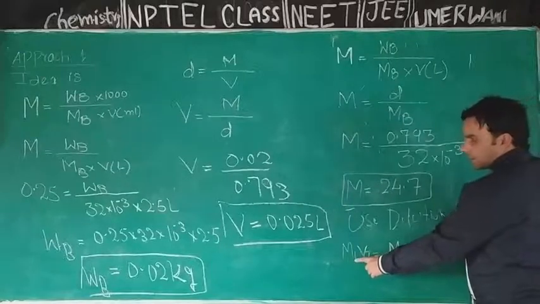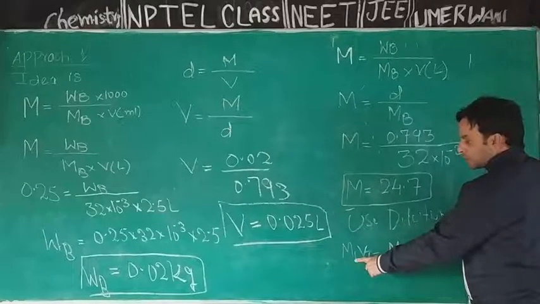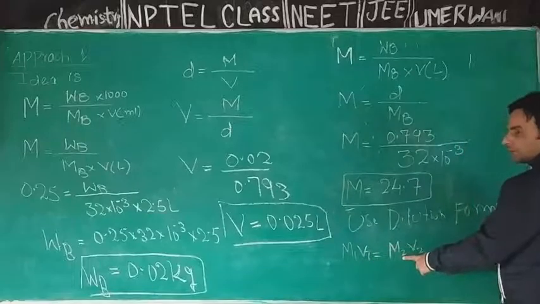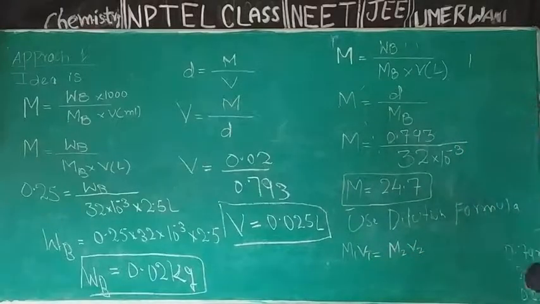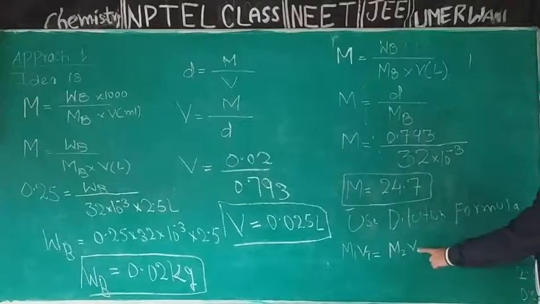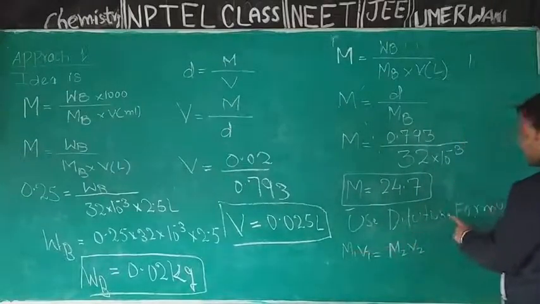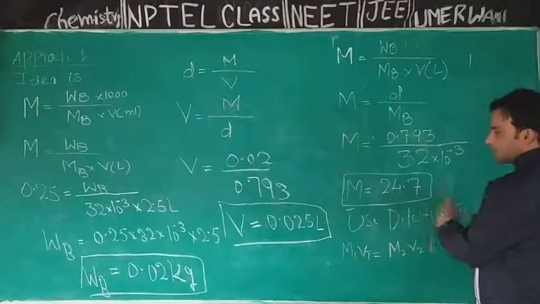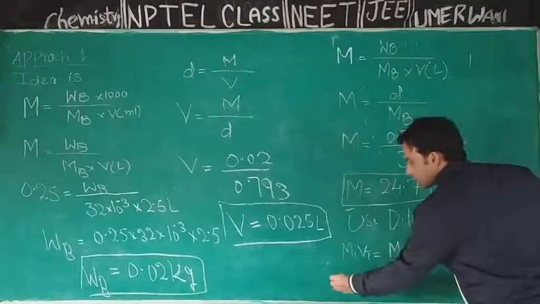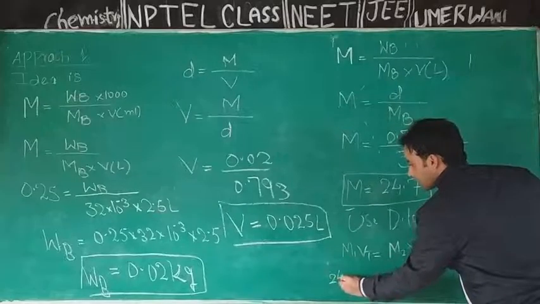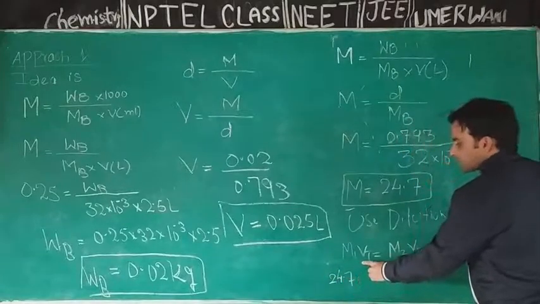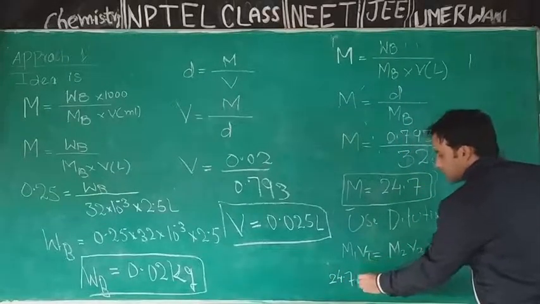Remember here that 1 is pure methanol for us, and 2 is the solution which we have to make in 2.5 liter of molarity 0.25. So M2 is given 0.25 molar and V2 is given 2.5 liter. M1 we already calculated as the molarity of methanol, therefore 24.7. From this formula we have to calculate V1.